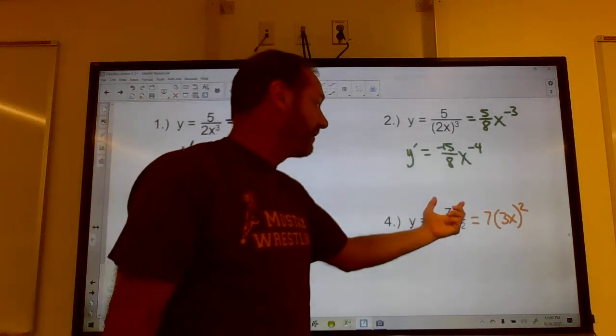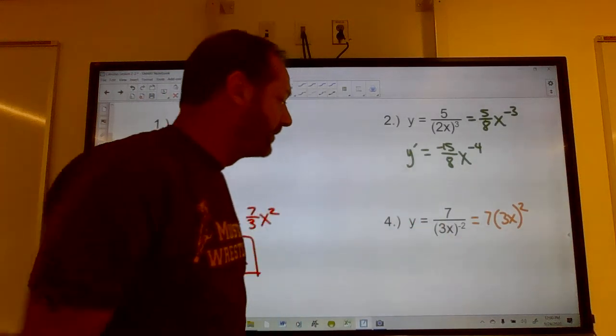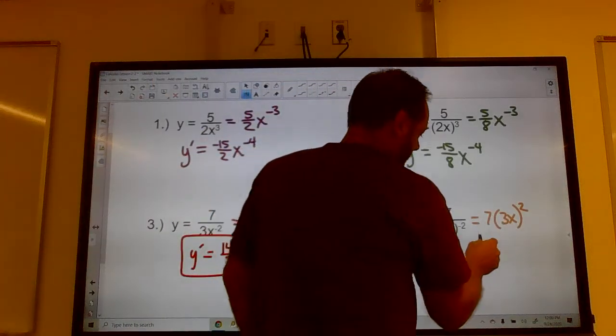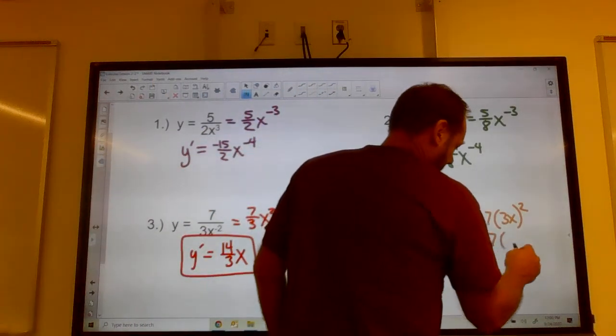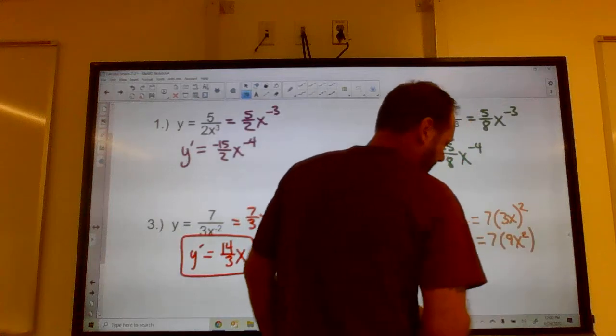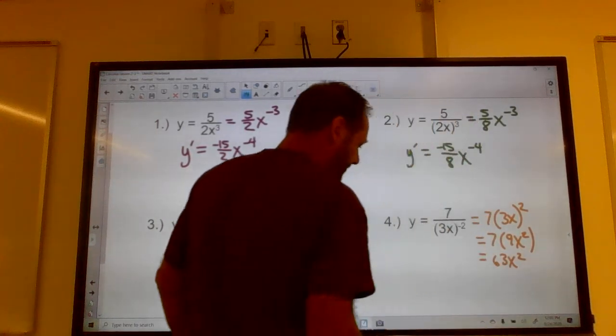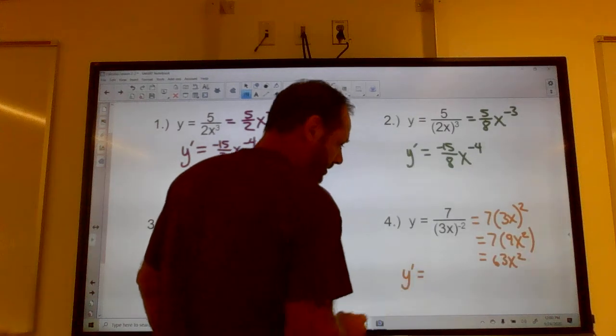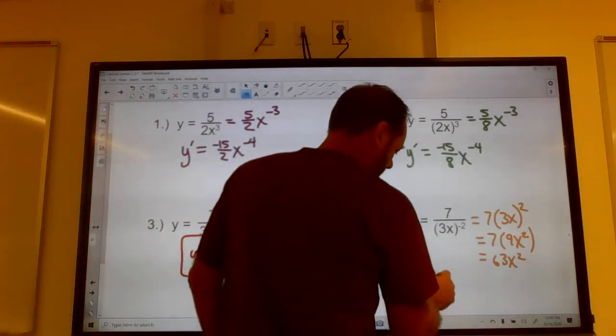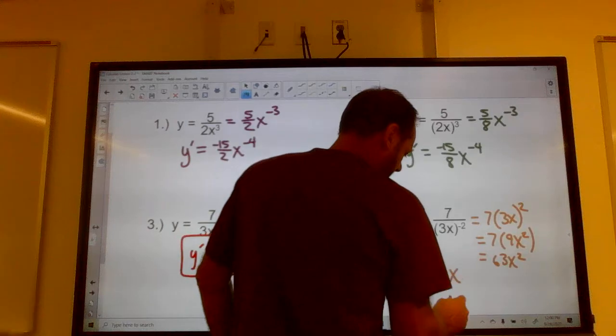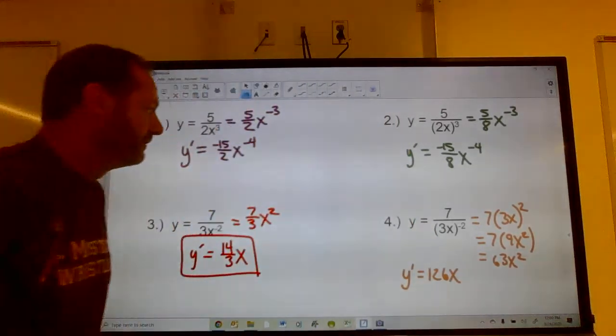If it's a negative power in the top, then you put it in the bottom. Then I would deal with this squared first. This would be 7 times 9x squared, and that's 63x squared. So when you find y prime, that's going to be 2 times 63, which is 126 x to the first power. Done.